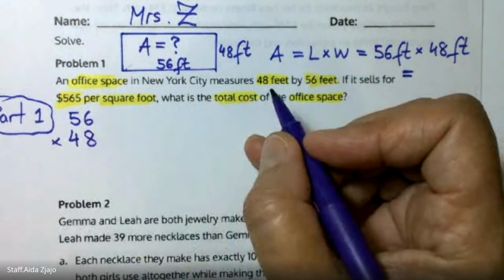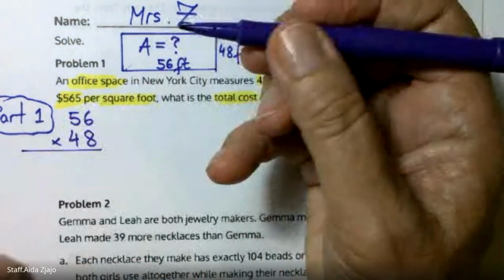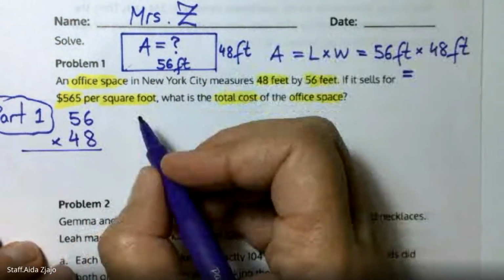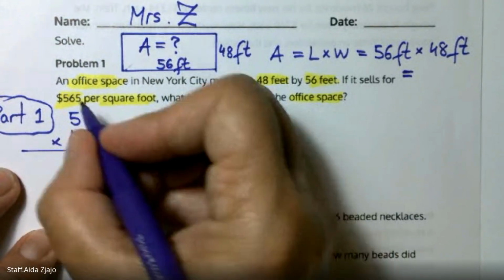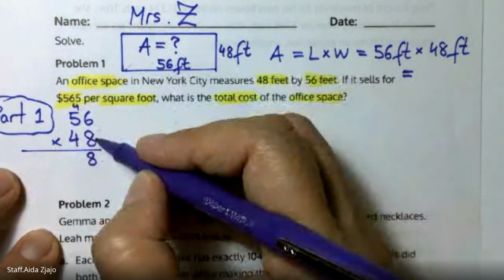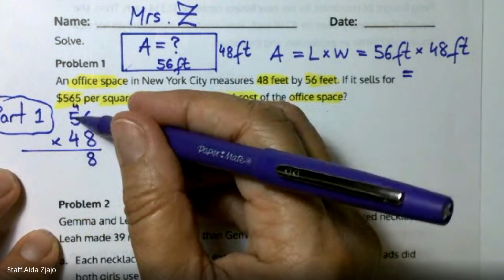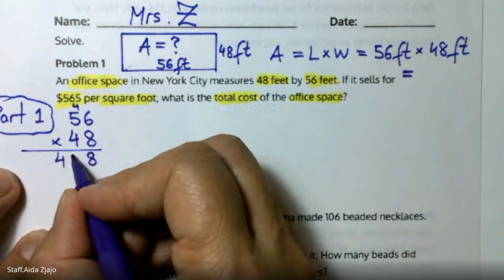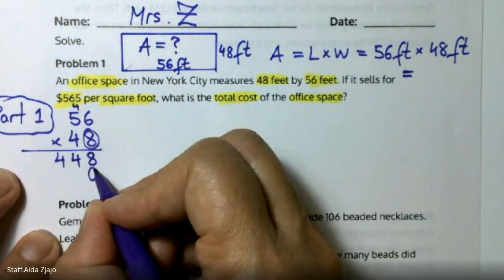If we use the standard algorithm or partial products, we can do that also. 6 times 8 is 48. 8, remember 4. 5 times 8 is 40, plus 4 is 44. We're done with ones, so we put the 0.